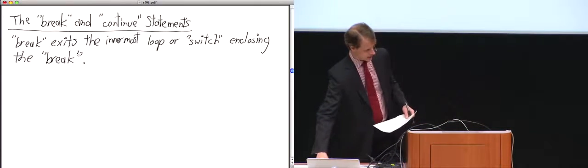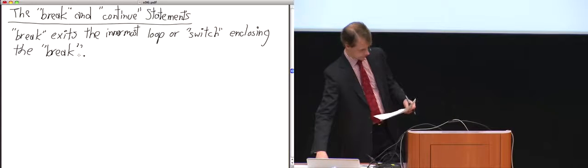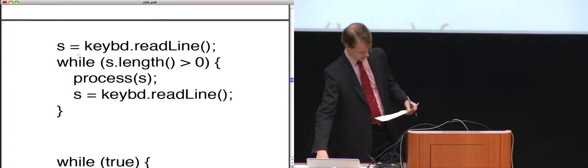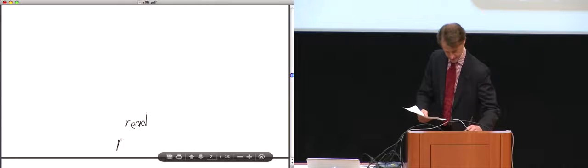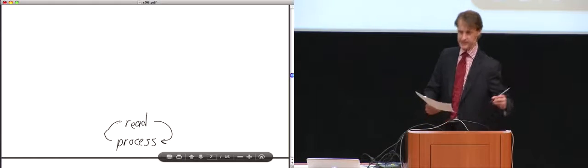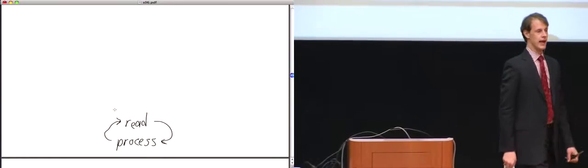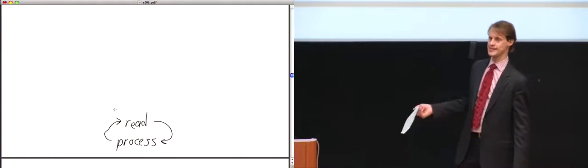So what I want to do is come back to the question I was talking about a minute ago, where you have this loop that does read and process. But as I said, the natural place to enter this loop and the natural place to exit the loop are not necessarily the same.